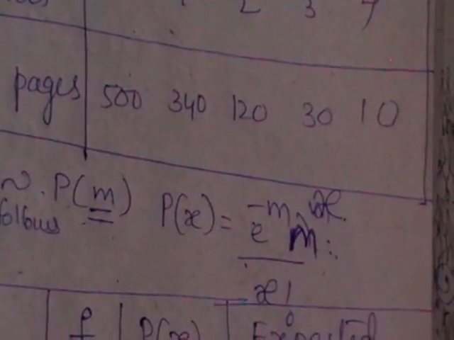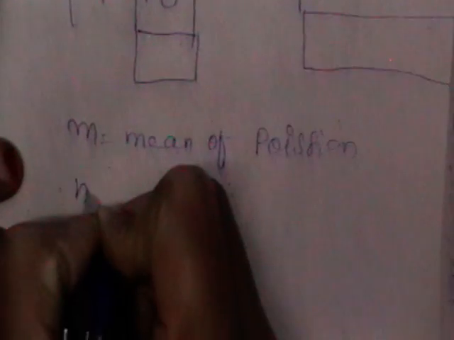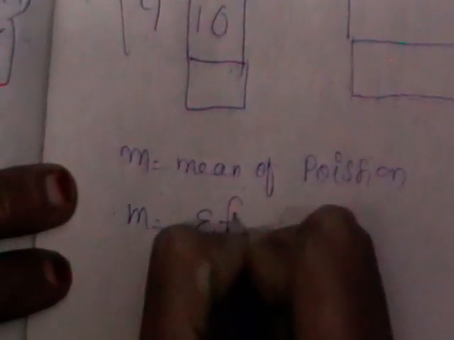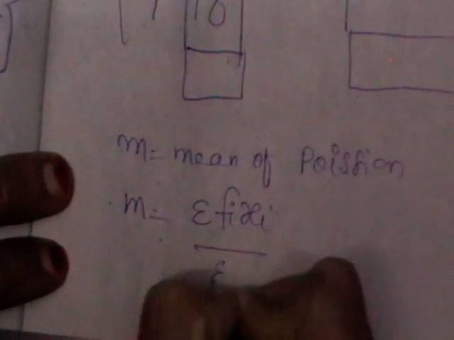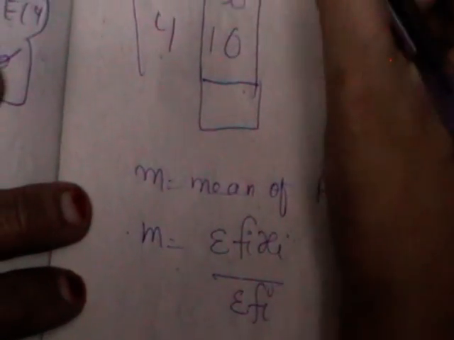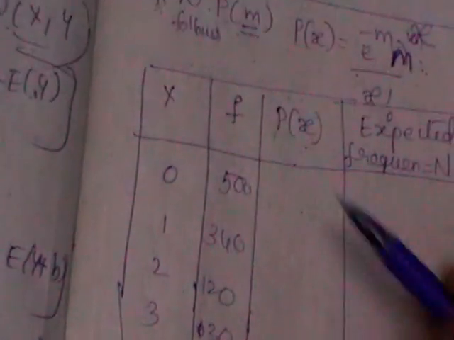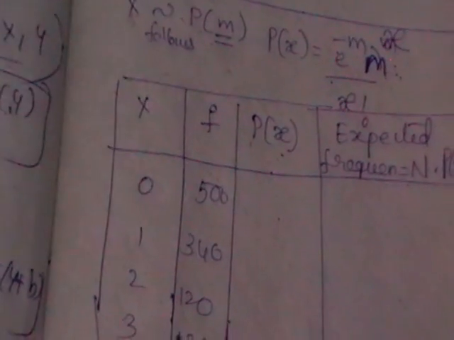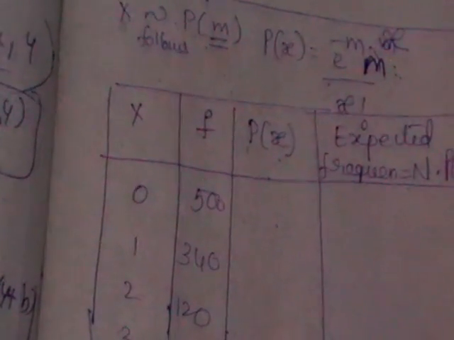So you should calculate m first. m is the mean of the Poisson distribution. We know the formula for mean is sigma fi xi by sigma fi. So to calculate p of x, you should know m, and to calculate m, we should calculate the mean for the given distribution.